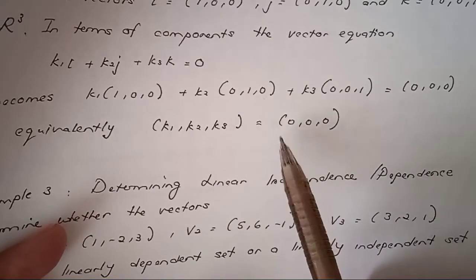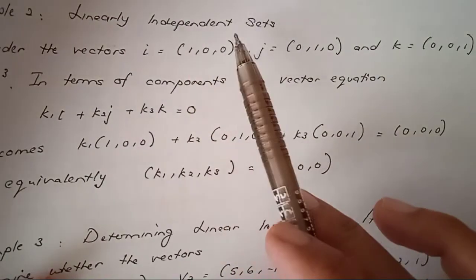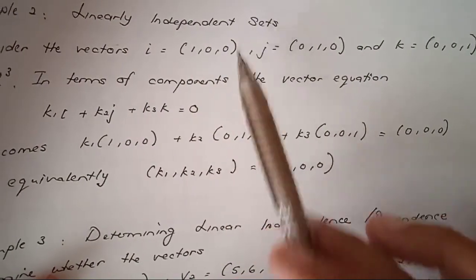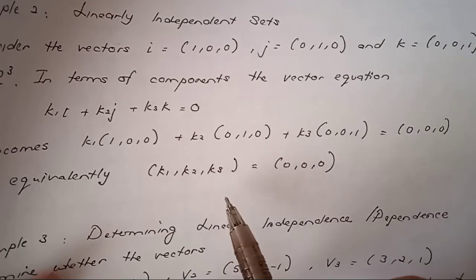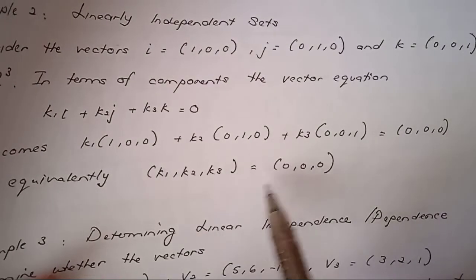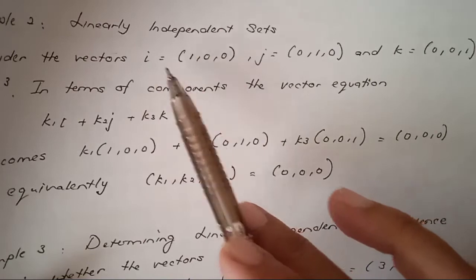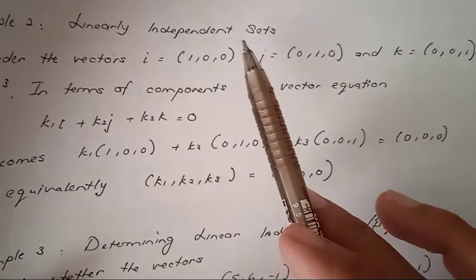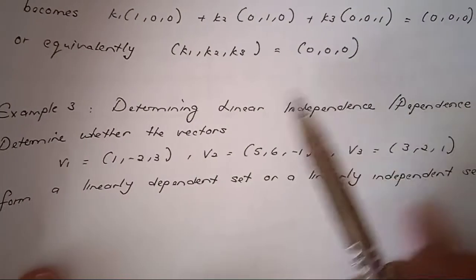So therefore i, j, and k are linearly independent, since all of the k's are 0. Okay, next example.